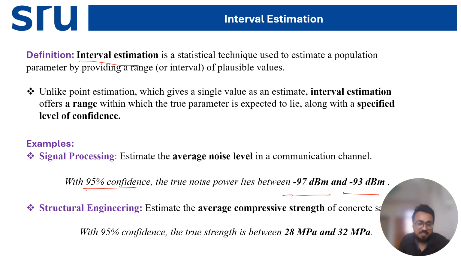Similarly, another example from structural engineering: we estimate the average compressive strength of concrete, and with 95% confidence, the true strength will lie between 28 MPa to 32 MPa. So here we saw real life examples of interval estimation.